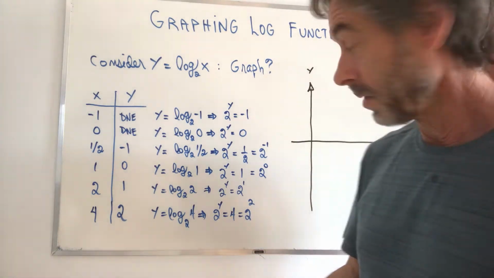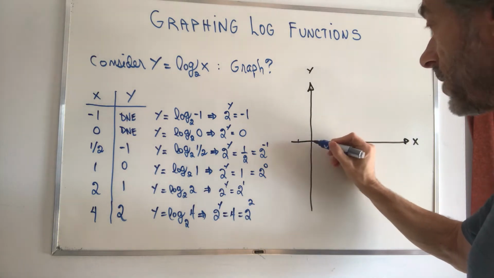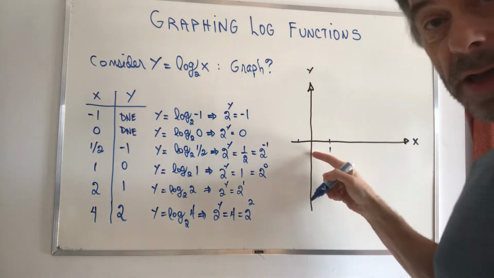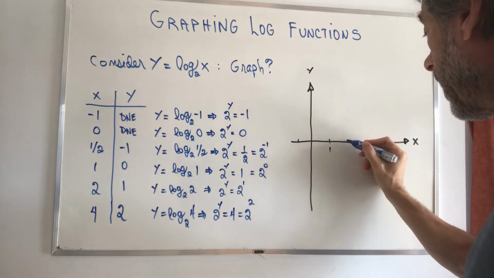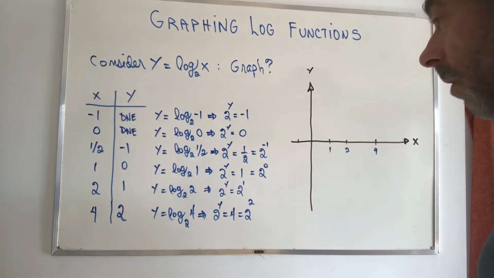All right, my x are -1, 0. Here's 1. So 1/2 will be halfway over here. I'll have 2, 3, and 4.